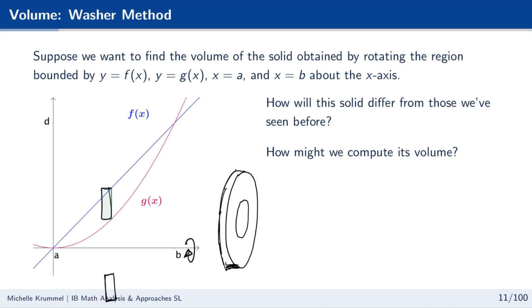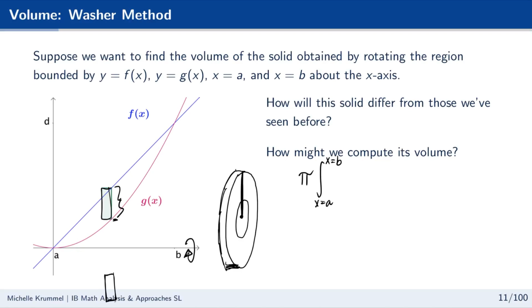So the volume of the disc would be pi, and then the integral from a to b of the radius squared. Now we have to be careful here. Is this the radius? If we were doing the large disk, let's go back to this picture over here, the radius of the large disk would be here.